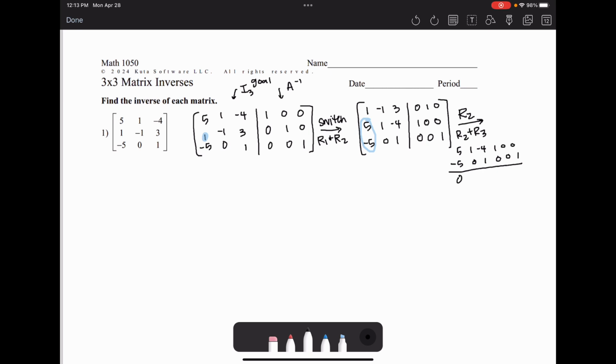So that would be 0, 1, -3, 1, 0, 1. So our new row 2 is 0, 1, -3, 1, 0, 1. And row 3 didn't change.